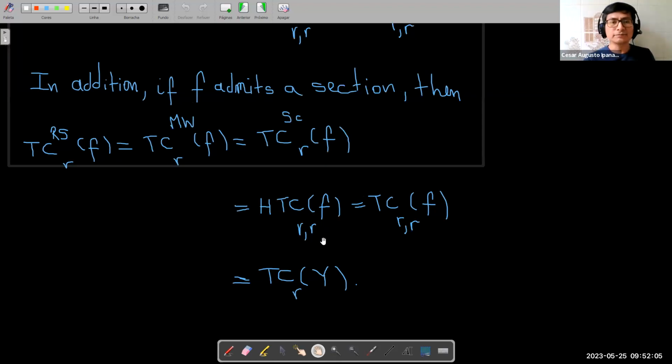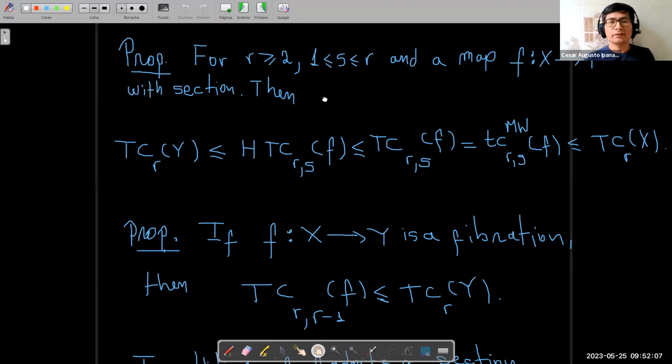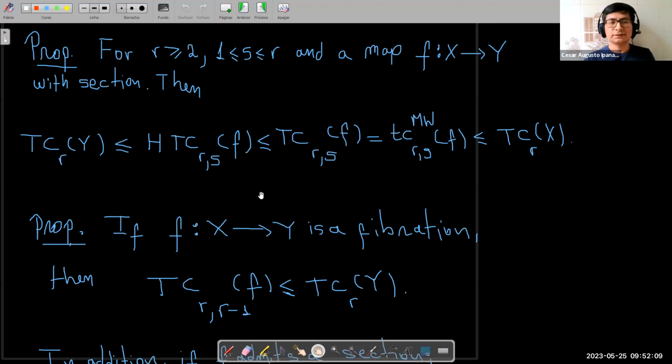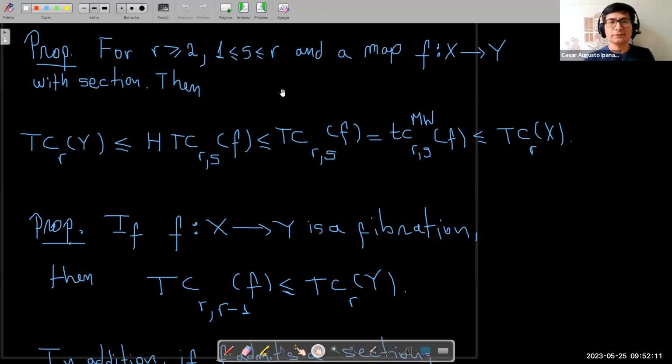And moreover, we have this estimate for all higher TC.